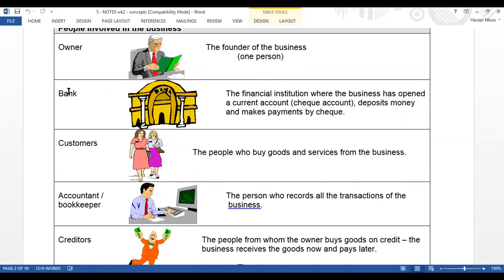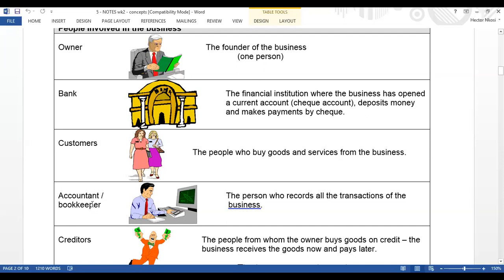It is the financial institution where the business has opened a current account or cheque account, deposits money, and makes payments. We have customers who are also involved in the business, people who buy goods and services from the business.